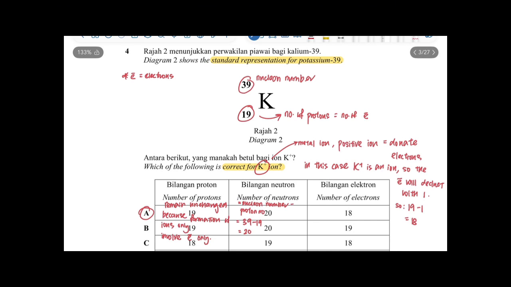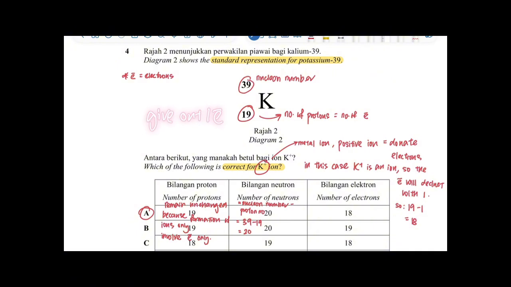But the question is asking which of the following is correct for the potassium ion. When it is an ion, a metal ion tends to donate electrons. This is a plus, only one plus, meaning that it only gives out one electron.